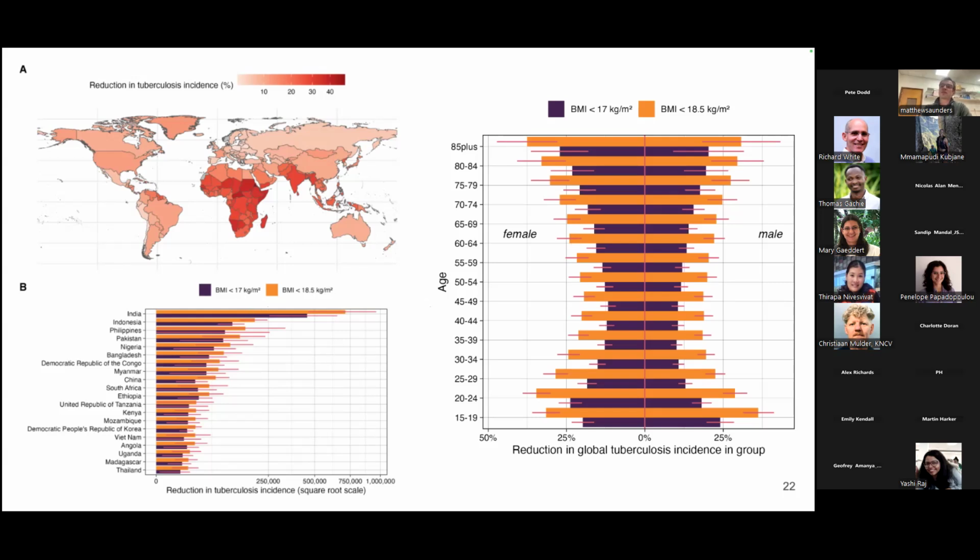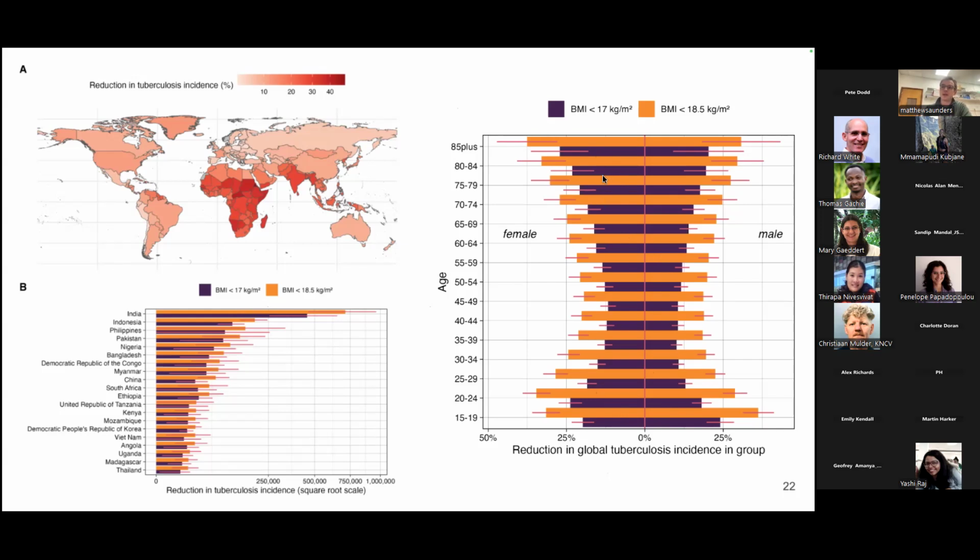And then on the right, we've got the same thing, which is the proportion of global TB incidence we could avert by eliminating undernutrition and moderate severe undernutrition in the purple, just stratified by age and population group. And again, this is really a function of the prevalence of undernutrition and shows that the greatest proportional reductions could be achieved in younger adults and older adults and slightly more in females than males because these groups have higher prevalence of undernutrition, essentially.